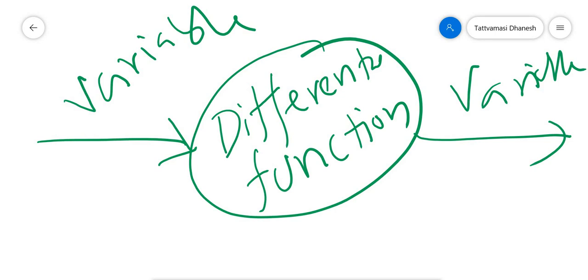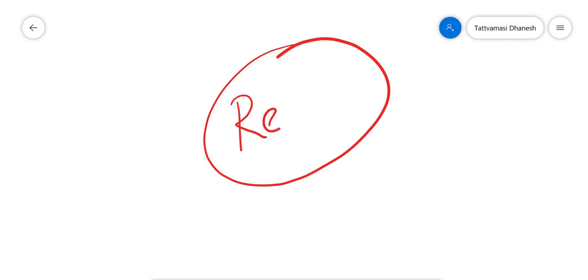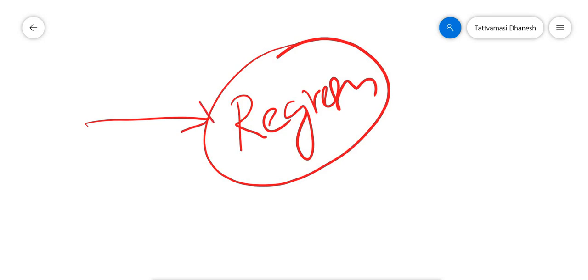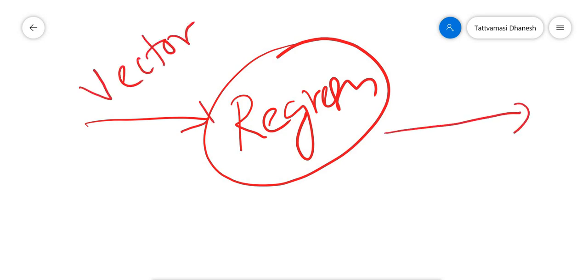If you consider regression, here you convert a vector into a scalar.